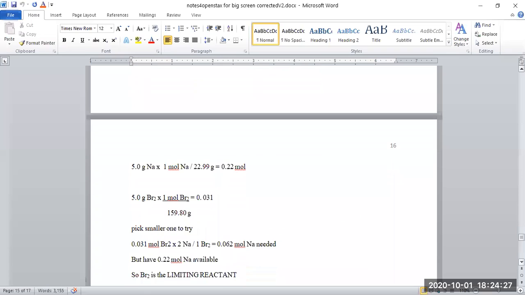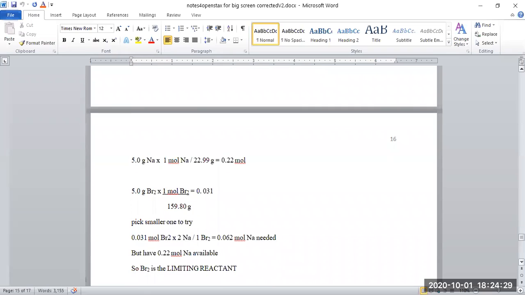Typically speaking, most of the time, you should test the smaller number. About 80% of the time, it will be the one that you run out of. Not always. Kind of like when we talked about precipitation reactions, there are some cases where the other thing is true.